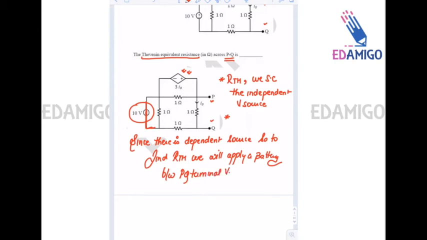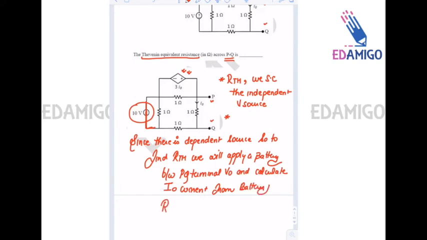Let the battery be of V0 voltage, and calculate the I0 current from the battery.